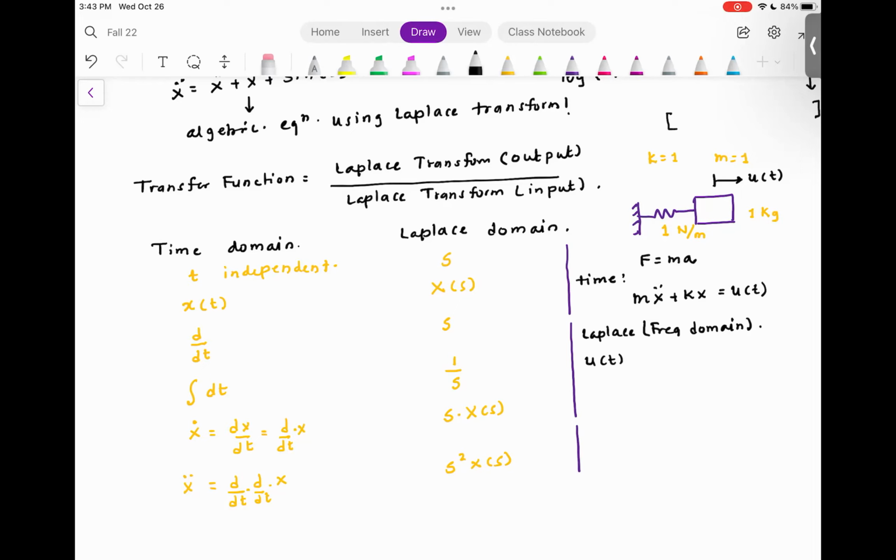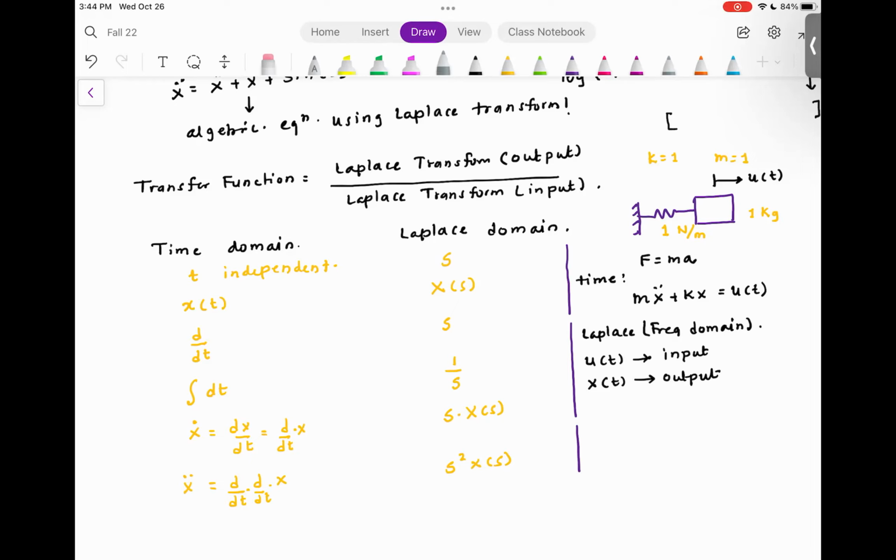U of t is my input, and x of t is my output. I'm going to apply the time domain to Laplace domain conversion rules that are written over here.